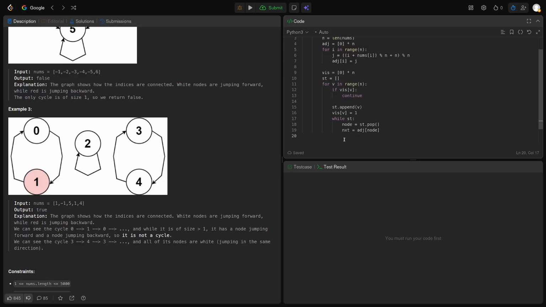Okay, so this is our next node. Question is, do we want to pop from the stack? Not actually sure we want to do that. Yeah, probably not.